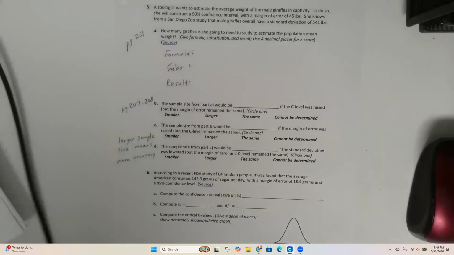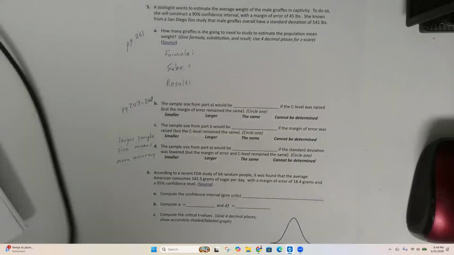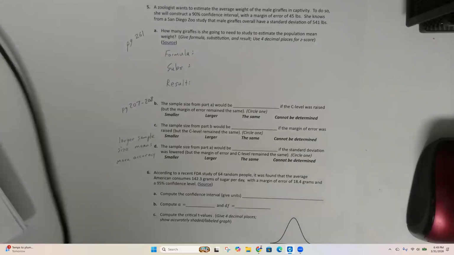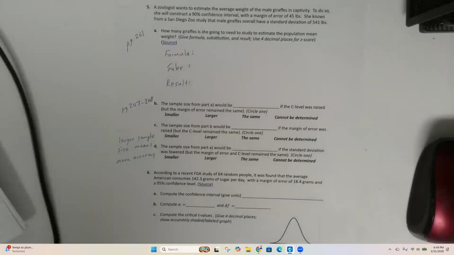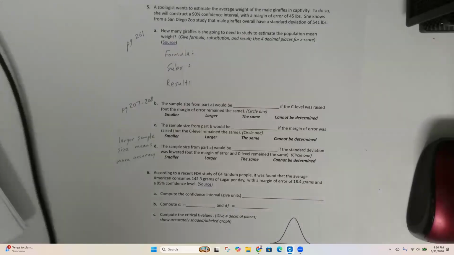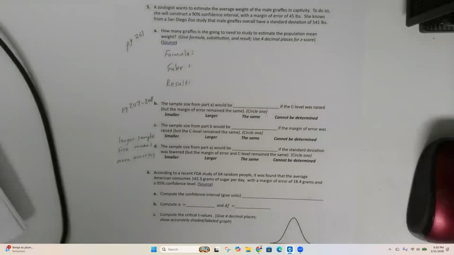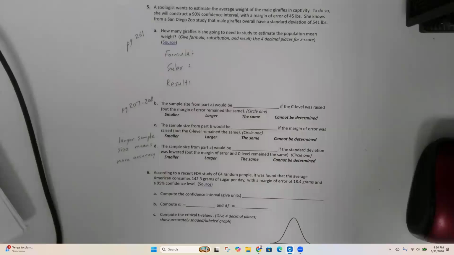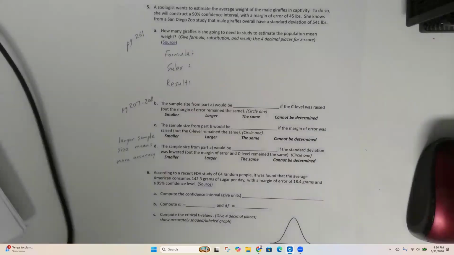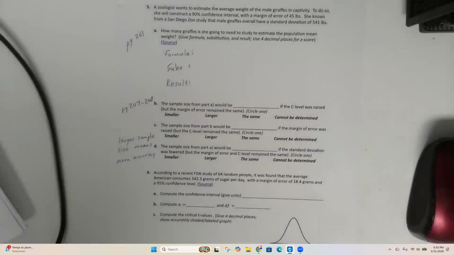Even if I was trying to measure who's going to win the next election, I have to do a random sample. So I have to send people to random people's houses and ask who they're going to vote for. And sometimes people will volunteer for that, right?